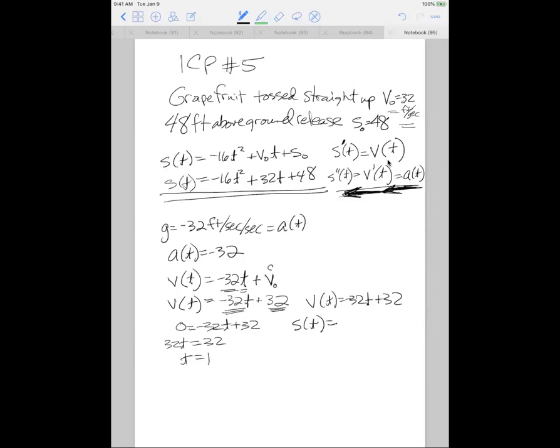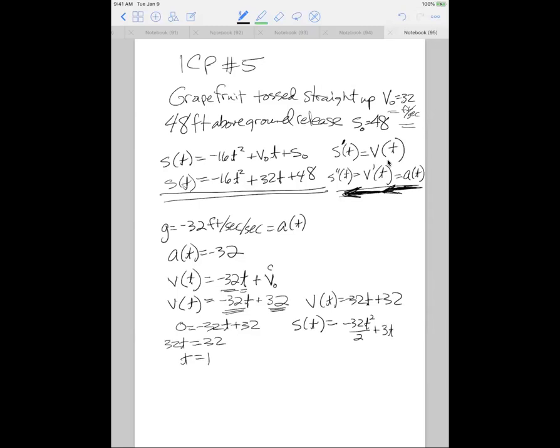Notice what you get. Let's use the antiderivative rules here. Negative 32t, raise the power by 1 and divide by that new power. We've got negative 32t, this was to the 1, now it's to the 2, and divide by that 2. Plus, the antiderivative of a constant is multiplied by a t, right?